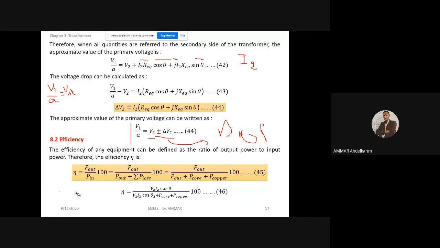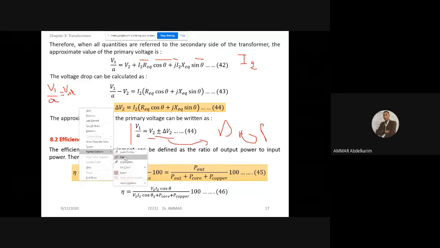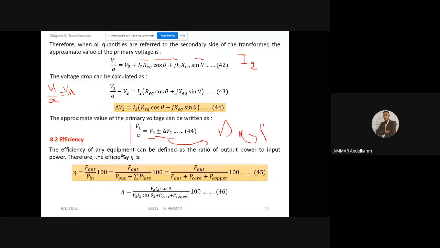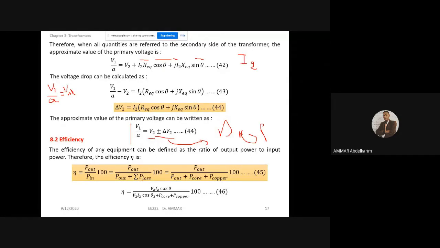So here the input power can be written as the output power plus the sum of losses, and the sum of losses is the core losses plus the copper losses.